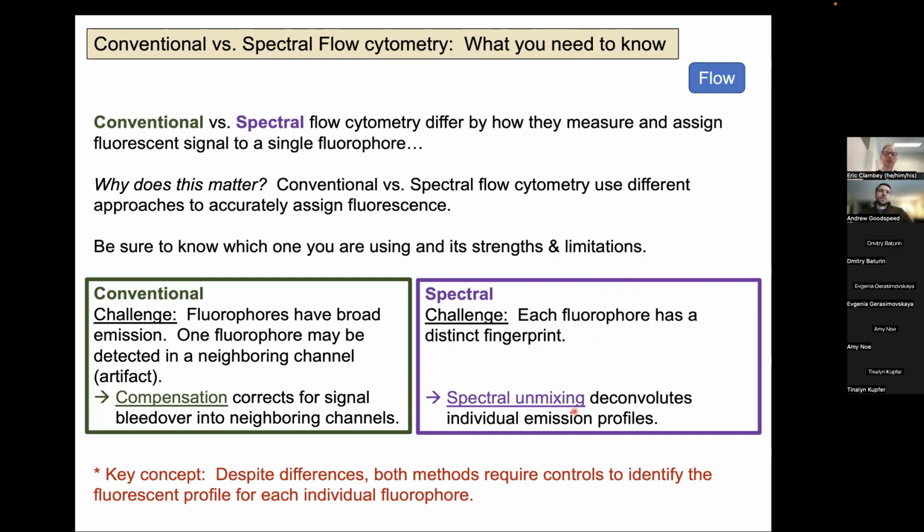So the take home here is both these technologies measure cell-associated fluorescence. They both require those single antibody stain samples. Conventional flow cytometry uses compensation to do signal correction, while spectral primarily uses spectral unmixing, but for both of them, you have to have those controls.